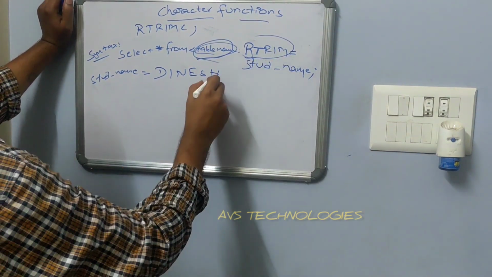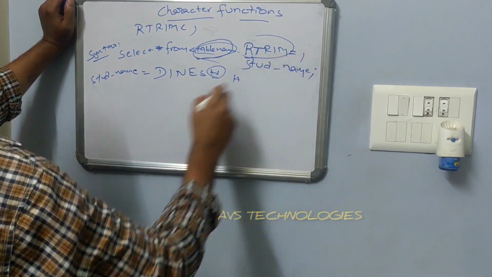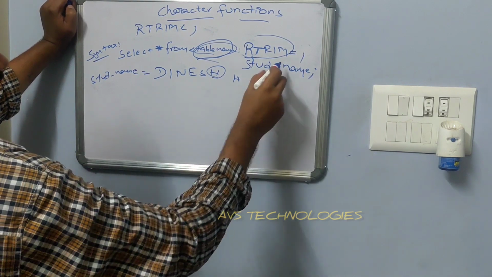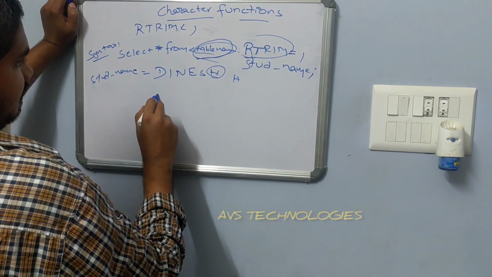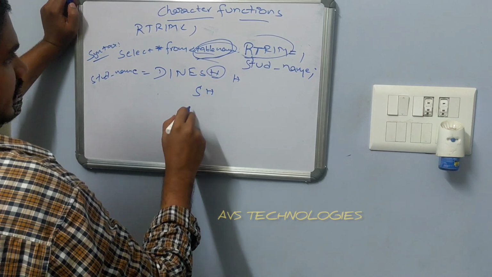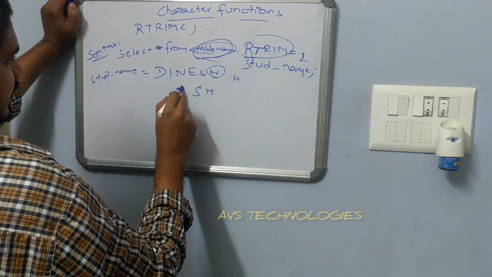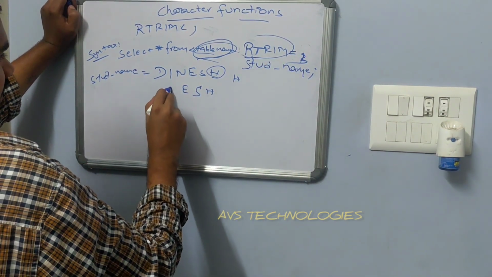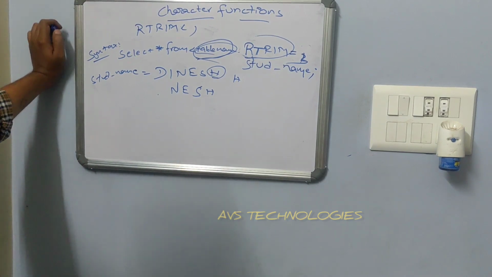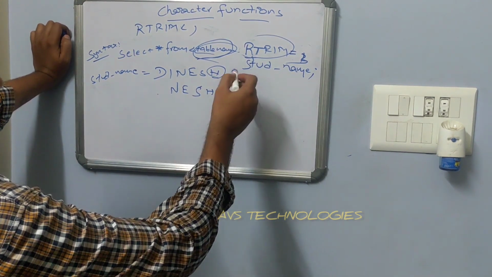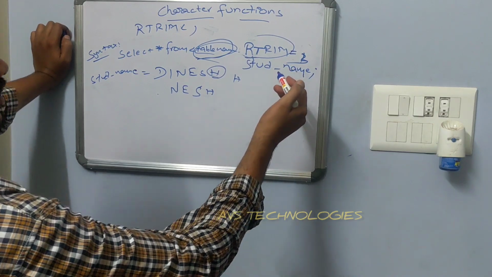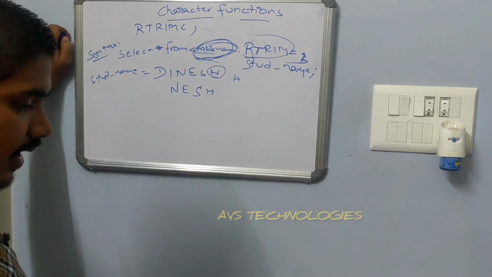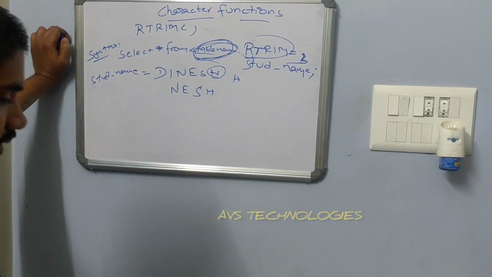If you do not mention any value, it will trim only H. If you give a value of 1, it will take SH. If you give a value of 2, it will take E. If you give a value of 3, it will take N. Like that it will trim the letters from the table name. This is how the rtrim character function works.